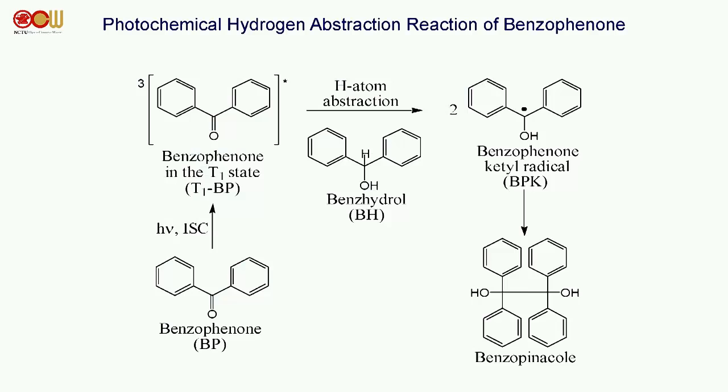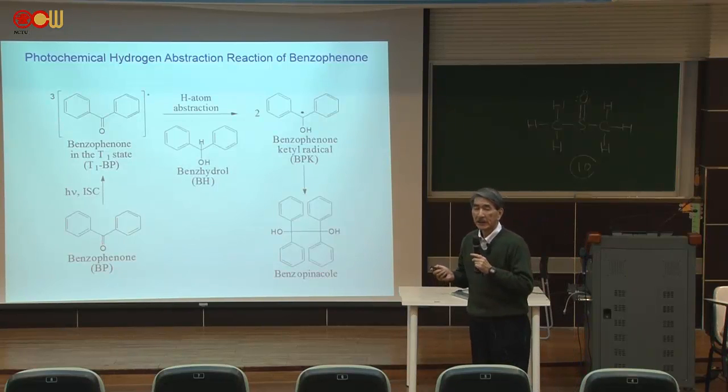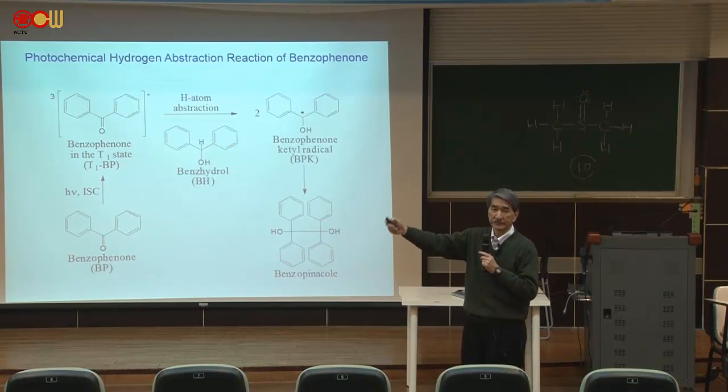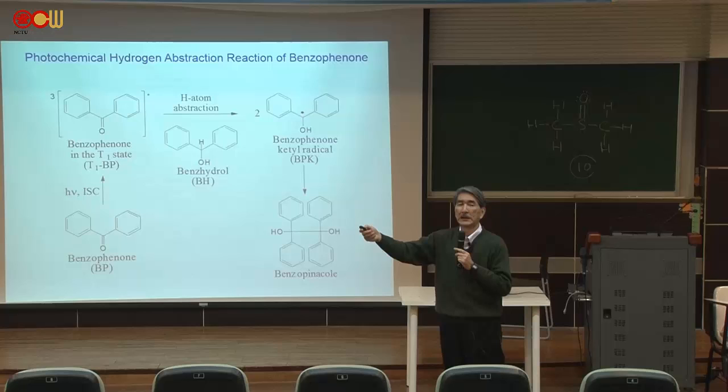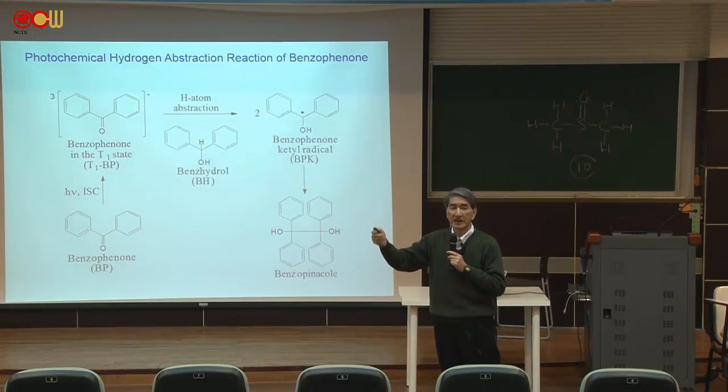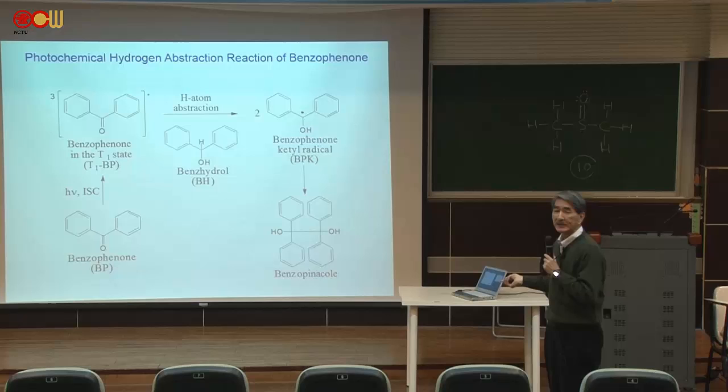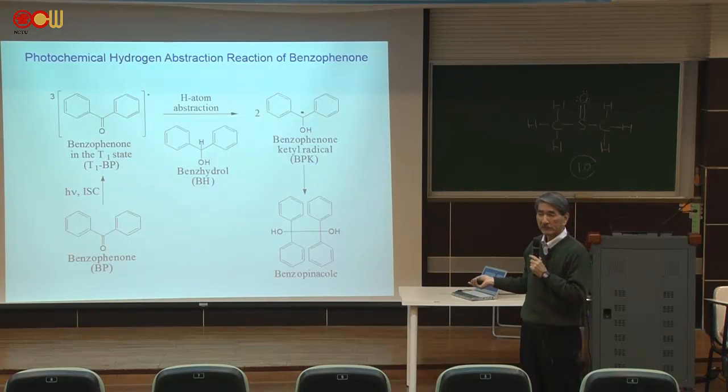And this is a very fundamental photochemical reaction of benzophenone. And maybe you learned this in your lecture of photochemistry. Benzophenone is this molecule, two benzene rings and a carbonyl. For example, if you dissolve benzophenone in isopropyl alcohol and put it in the daylight, and if you wait for a day or two, then you get a reaction, and you eventually get crystalline benzopinacol.